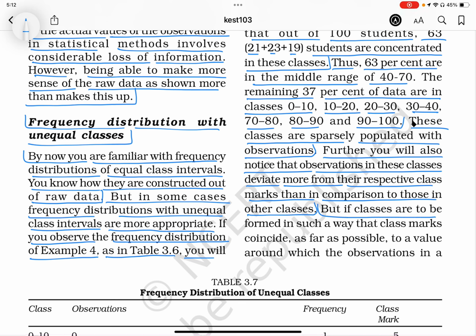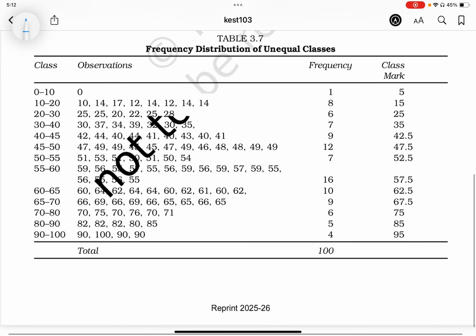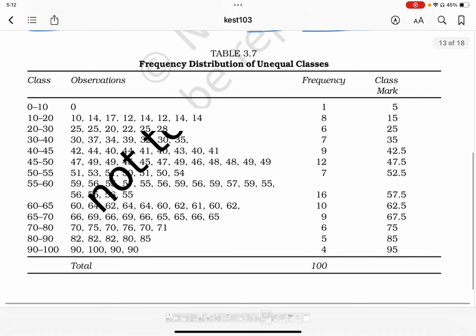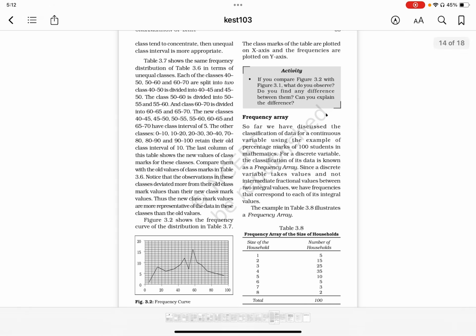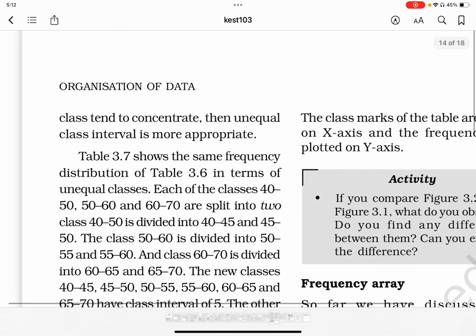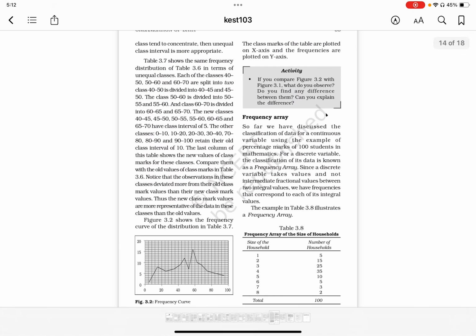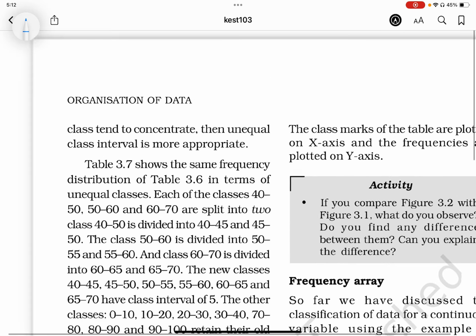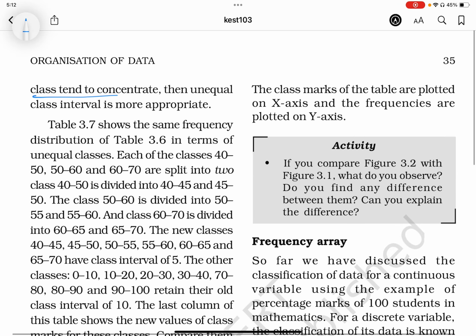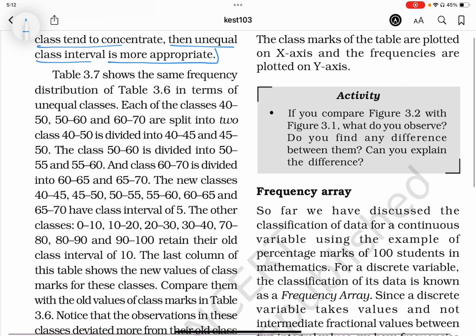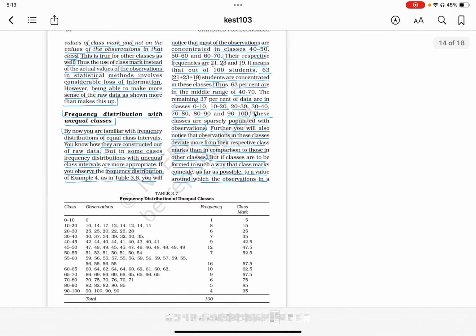But if classes are to be formed in such a way that class marks coincide as far as possible with a value around which the observations tend to concentrate, then unequal class interval is more appropriate. Table 3.7 shows the same frequency distribution as table 3.6.